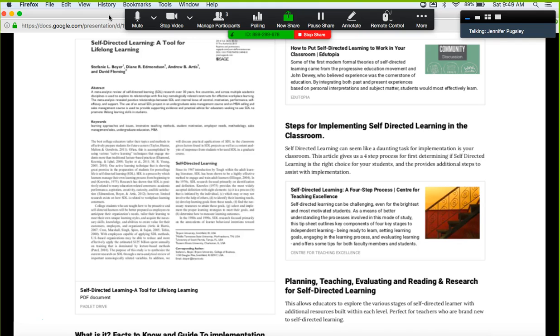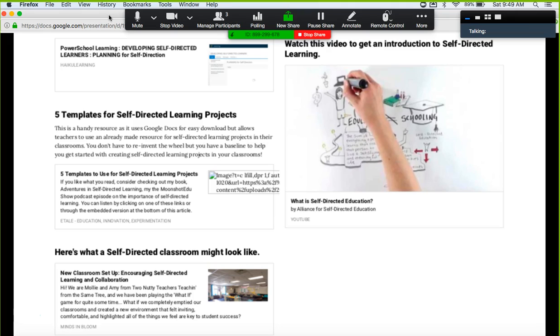We believe that this approach will help teachers feel more confident in trying out self-directed learning methods in their classrooms. As educators, we know how important it is not to reinvent the wheel and to share resources with one another, especially since we know how limited time we have each and every day to dedicate to new learning for ourselves.